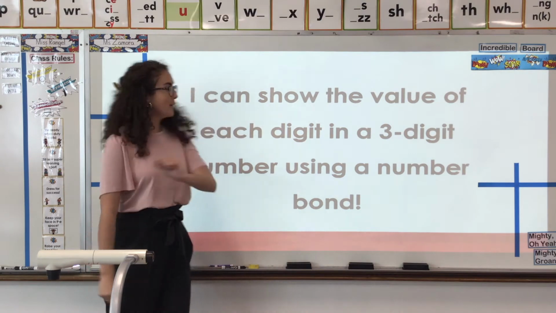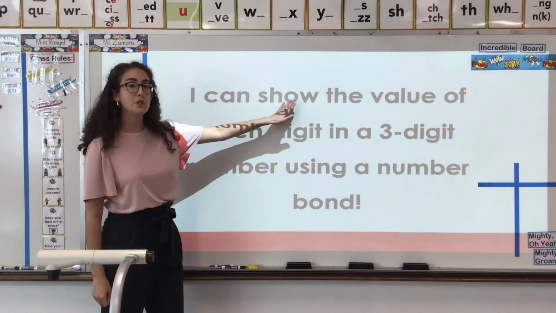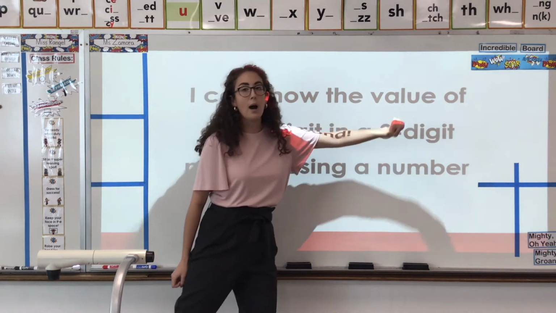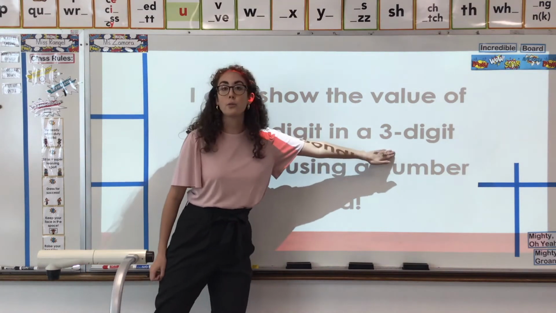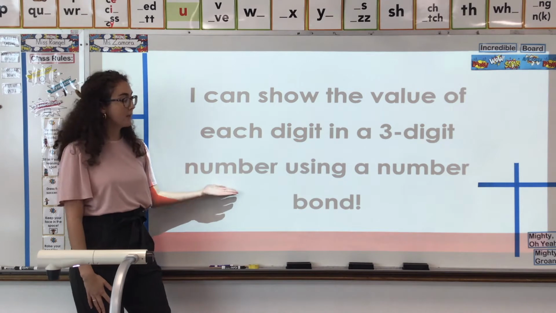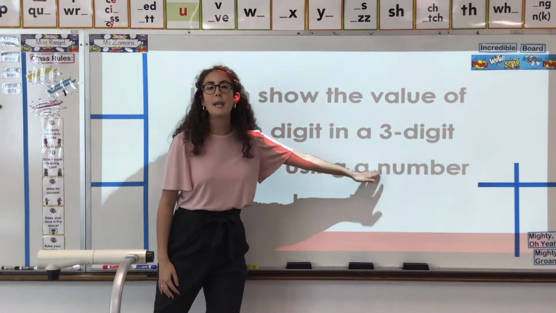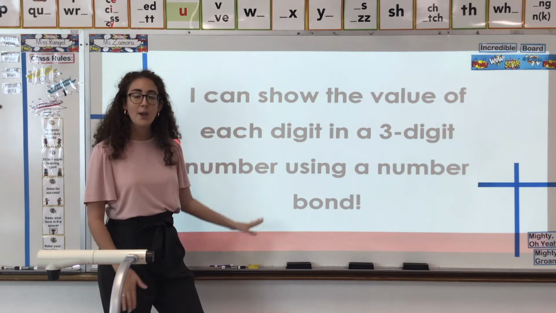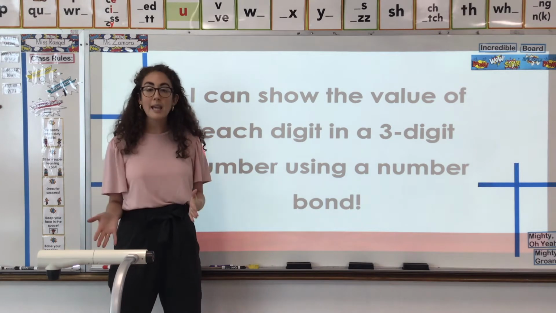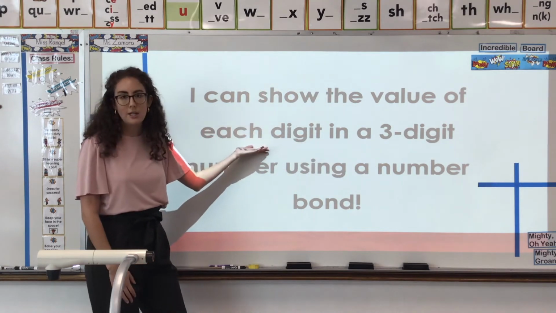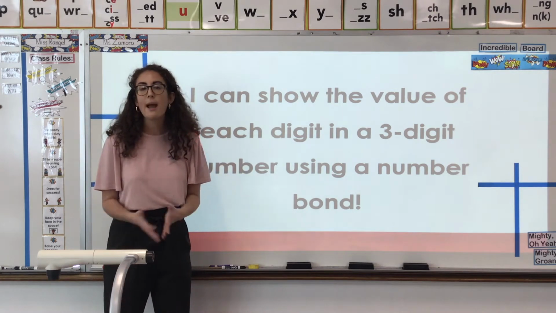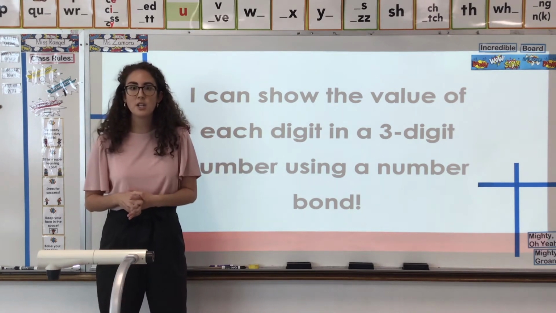So our learning goal says, I can show the value of each digit in a 3-digit number using a number bond. So all the different ways we have shown numbers is to show the value of each digit, to show the place value that happens within a 3-digit number.